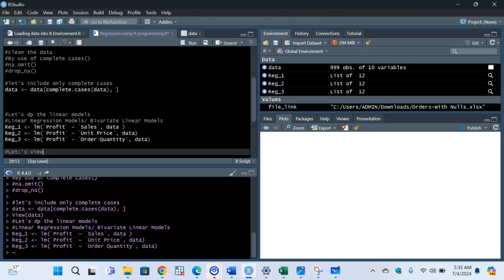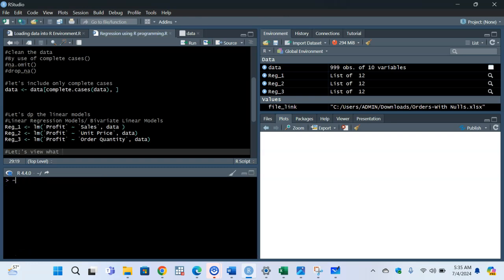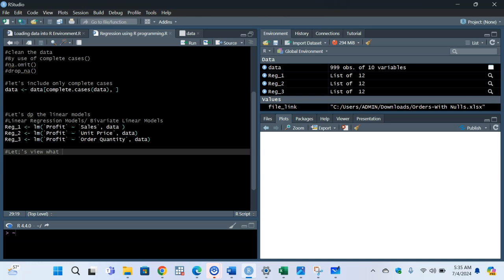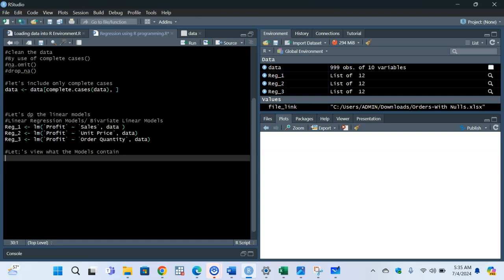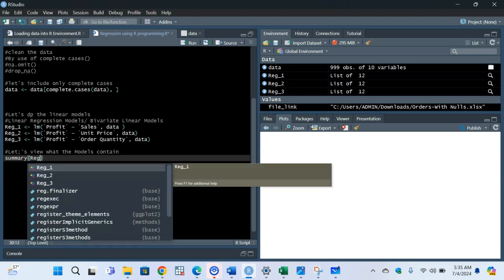So let me just close this. Let's view what the models contain. The first one is you summarize them. You run a summary of reg 1.